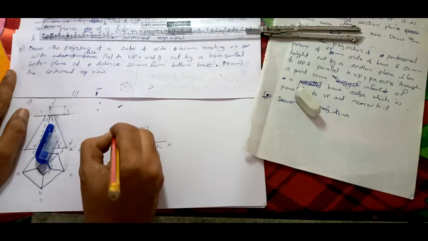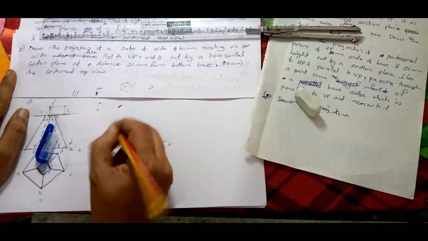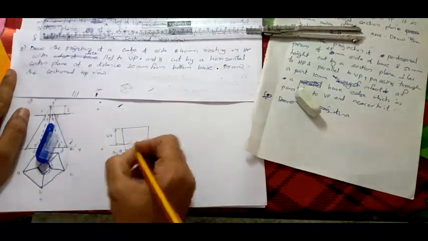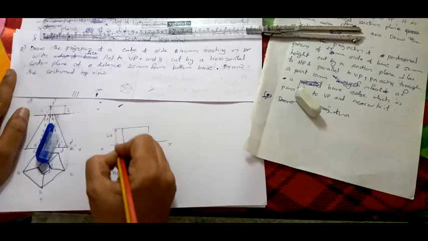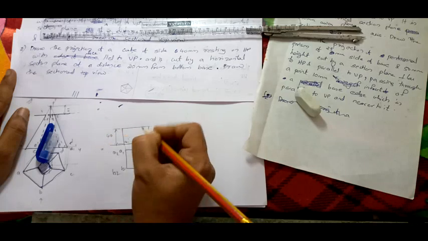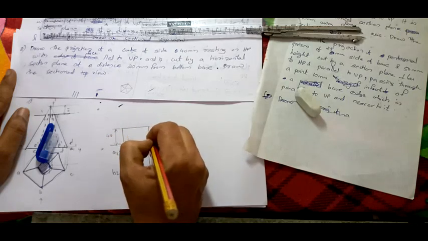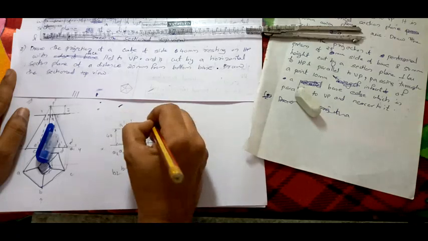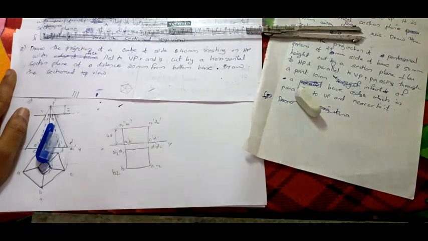This distance will also be 40 mm, right? The same 40 mm will be here also. Now you can draw the front view and top view. Now I will name it. This is the bottom, A1 dash and B1 dash here, C1 dash and D1 dash here, A2 dash B2 dash here, C2 dash D2 dash here.